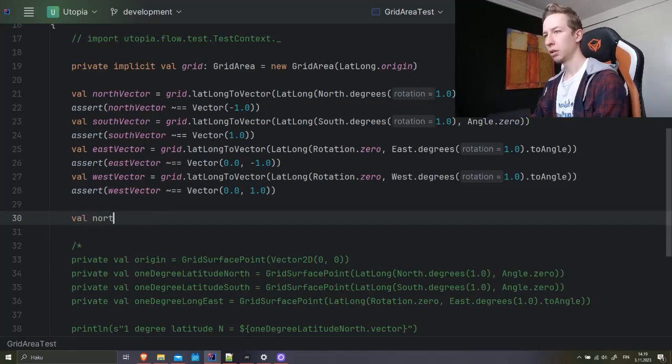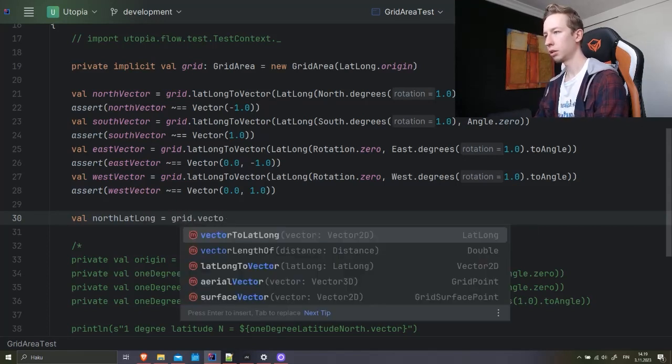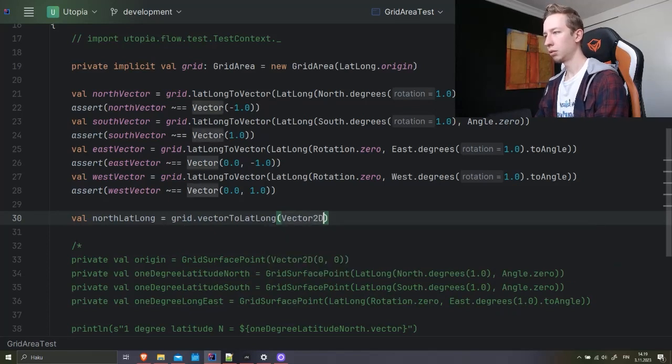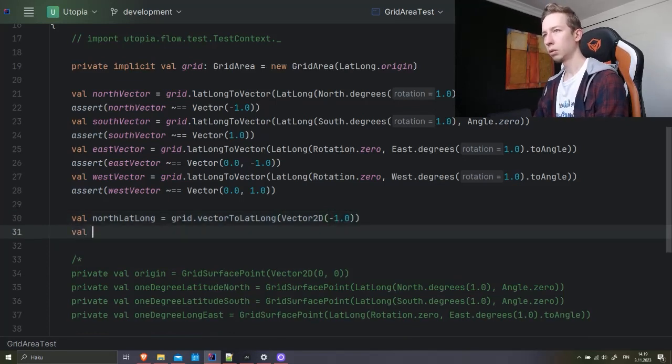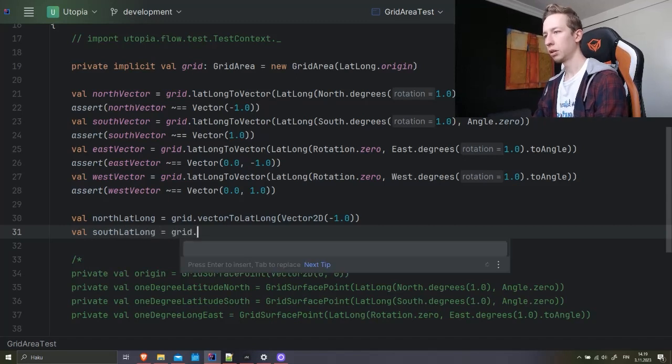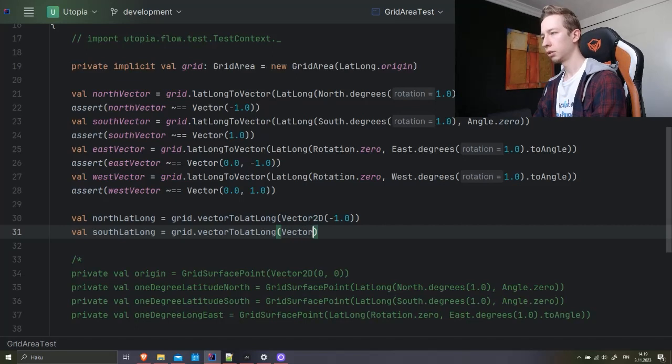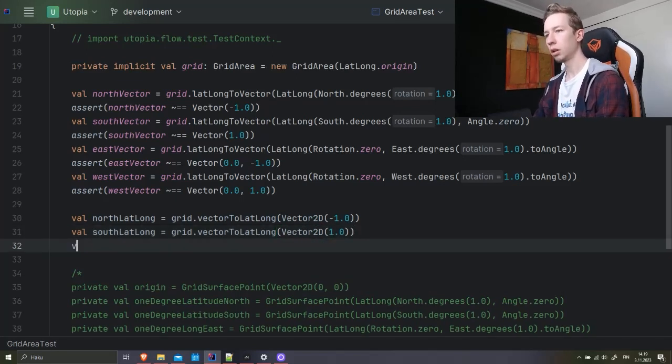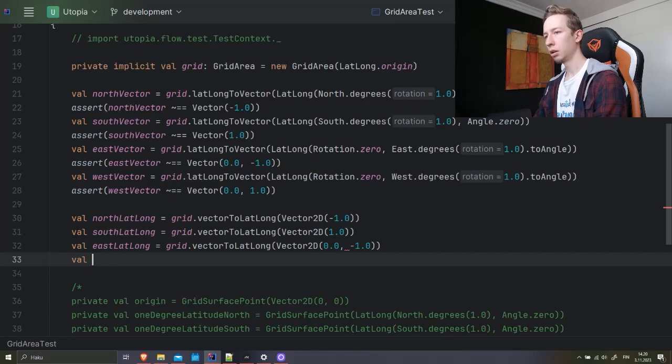So north lat long is vector to lat long 2D equals 1.0 and west equals 3.